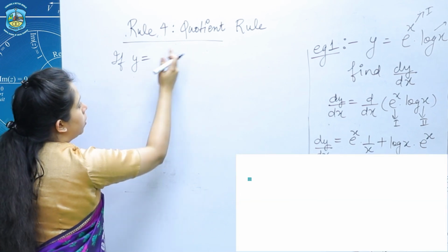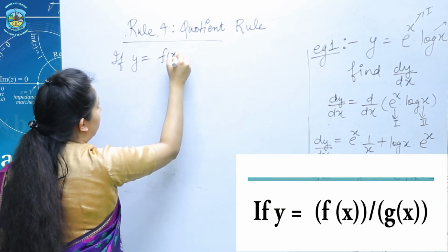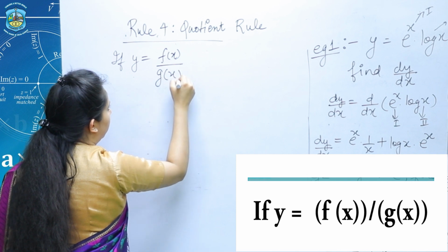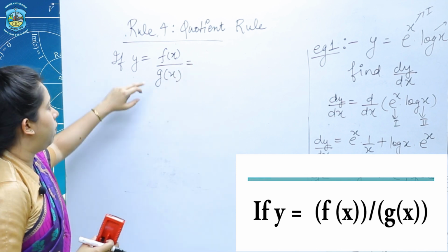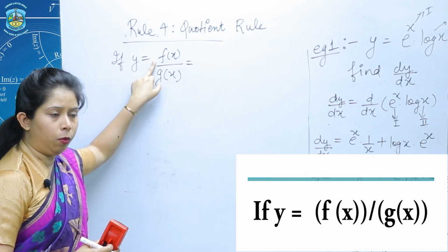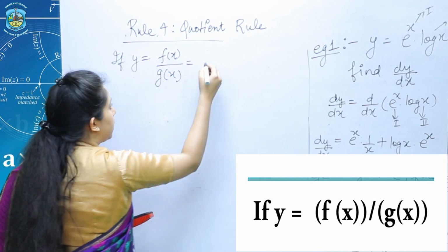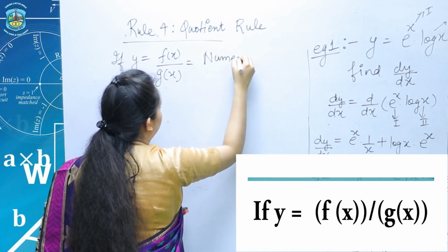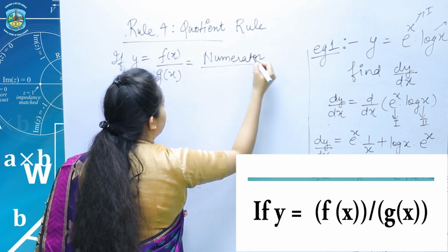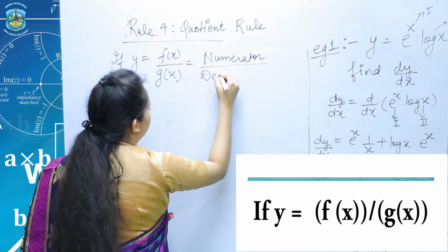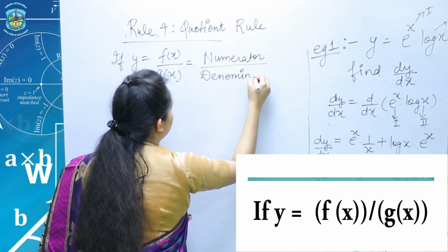So for quotient rule the function should be of this form, that means the variable x should be present in the numerator and in the denominator as well.